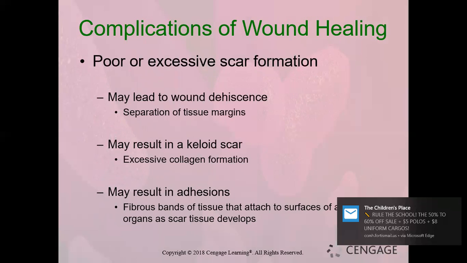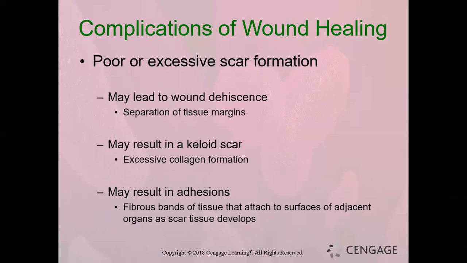All right, poor or excessive scar formation may lead to the wound separating. Dehiscence just means that it separates at the tissue margins. It's not healing properly. There's something called keloid scars. We'll talk about that a little bit later, I think, in the skin chapter. That's just when they get excessive collagen formation. I don't think that that's exclusive to the African American or Black population.